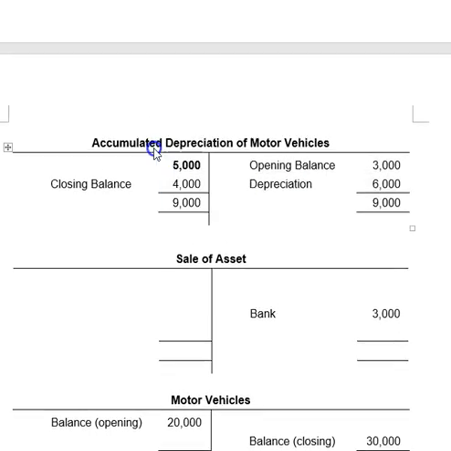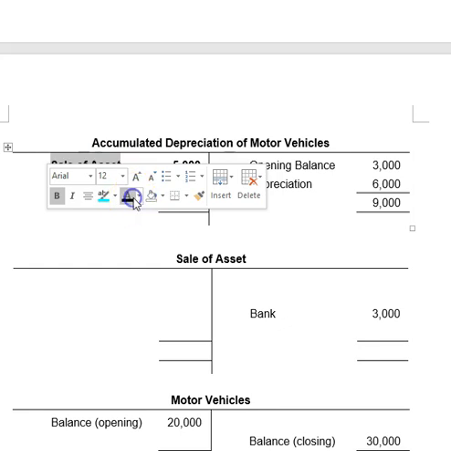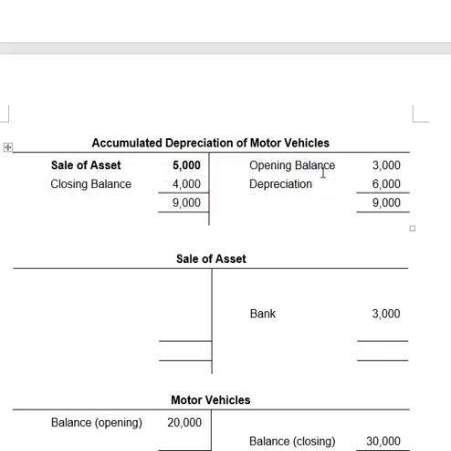So we are going to put this 5,000 on the credit side of sale of asset. That means the motor vehicle that we have sold has an accumulated depreciation of 5,000.